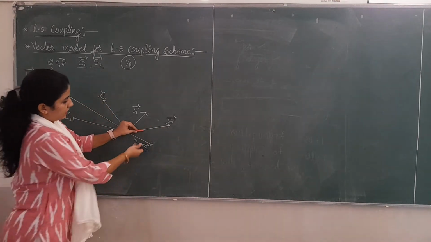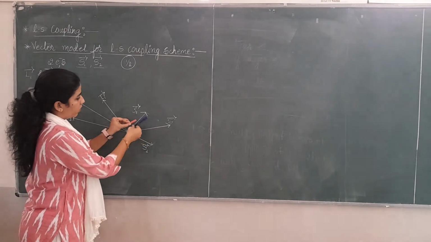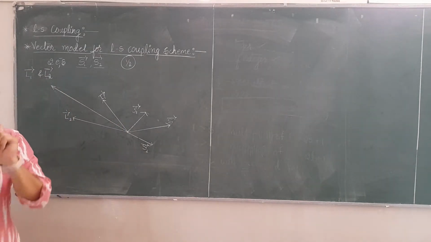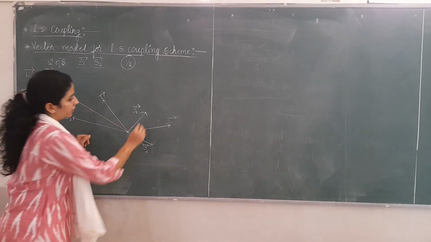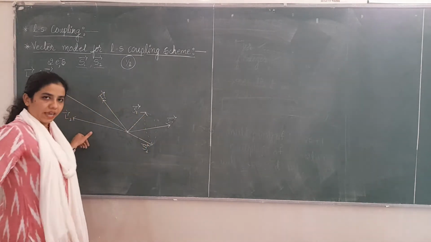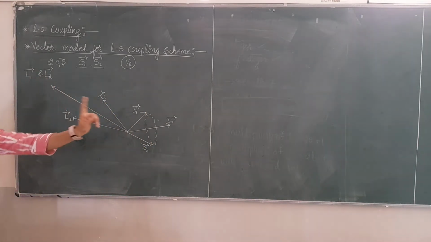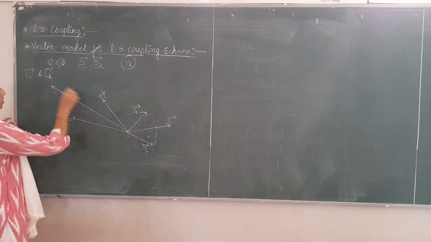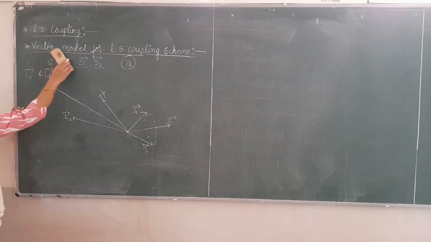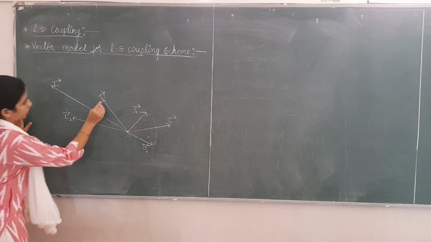So if this is S and this is S2, it is going to precess around S. Similarly, S1 is going to precess around S. This precession is called Larmor precession, that we have to show here. So S1 is going to precess around S, S2 is also going to precess around its resultant, and similarly L1 is going to precess around its resultant. You have to show the precession here.